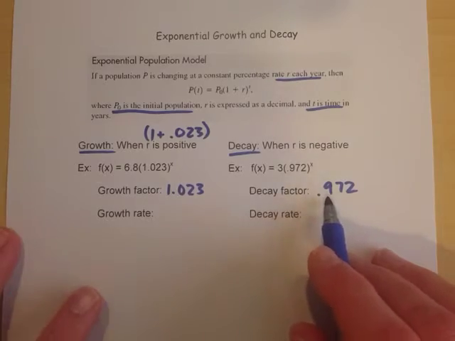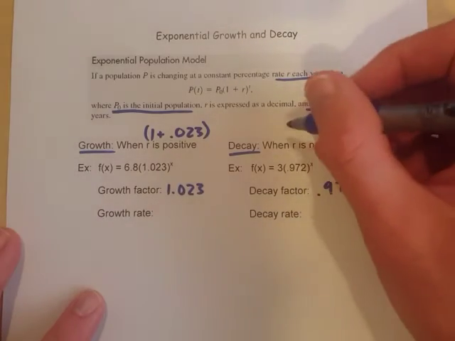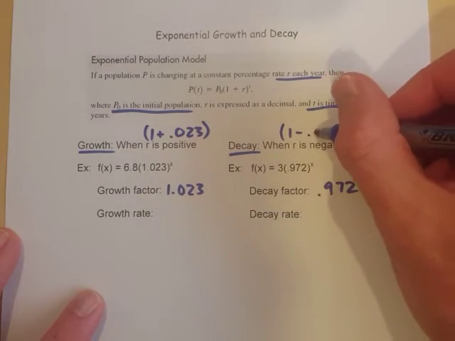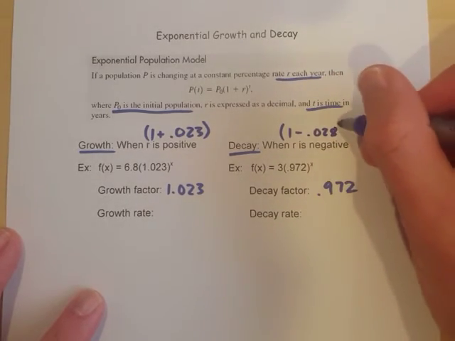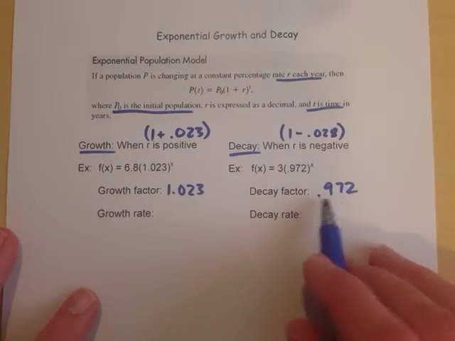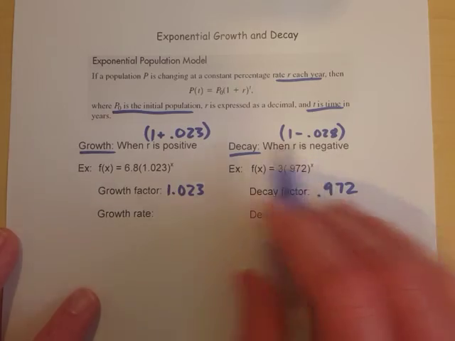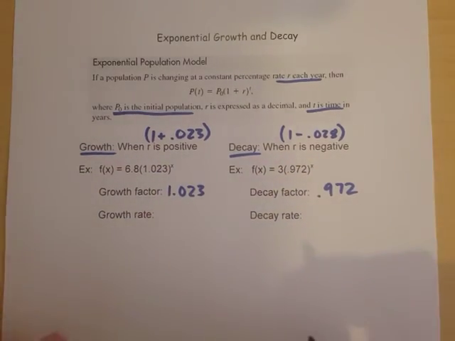For the decay factor, the decay rate, we have 1 minus, in this case, 0.028. Just working our way backwards on that, and that's how we get the 0.972. So if we're subtracting something, it's negative. If we're adding something, it's positive, that makes a lot of sense.